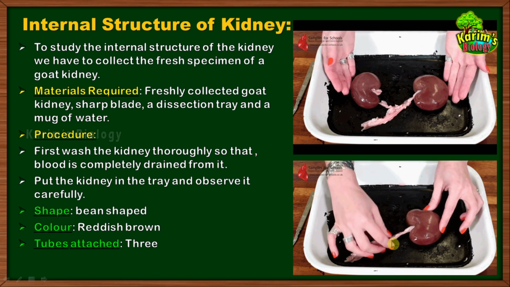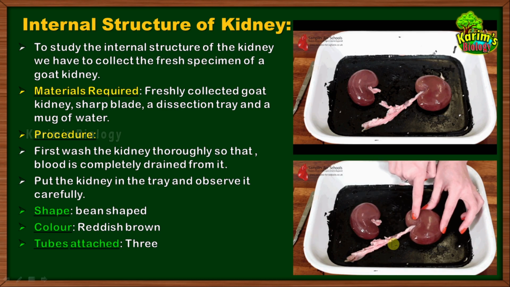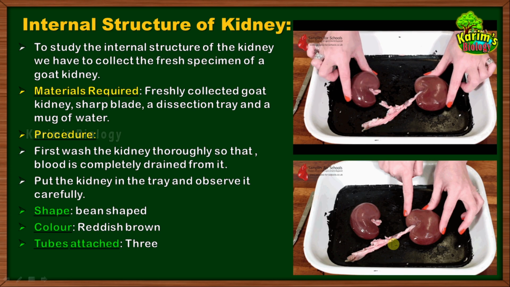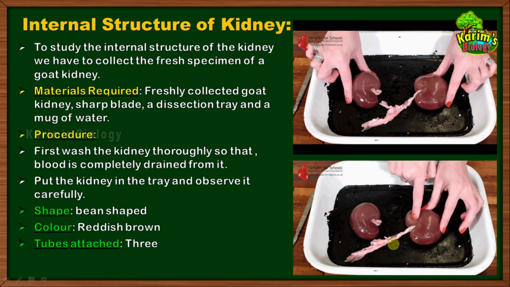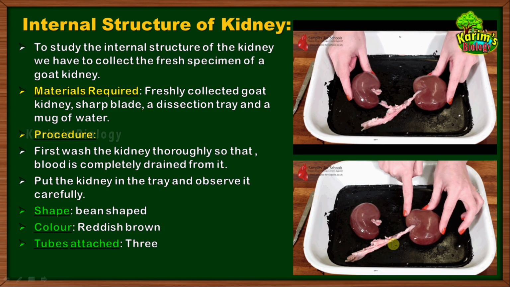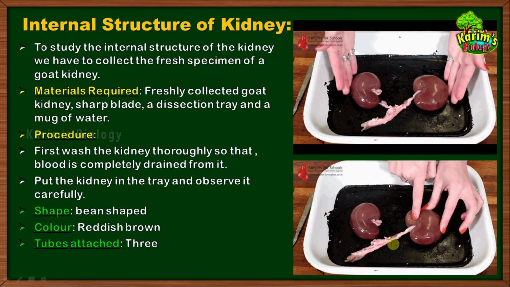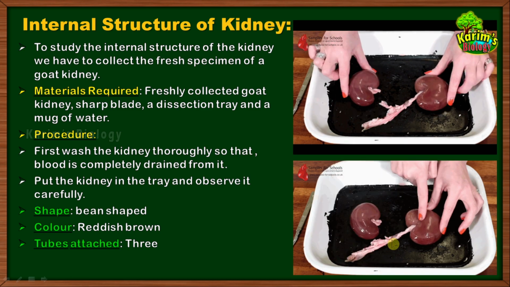The second is a blood vessel called the renal vein, which brings the blood out of the kidney. The third tube attached to the kidney is the ureter, which is responsible for collecting the urine from the kidney and transporting it to the urinary bladder.